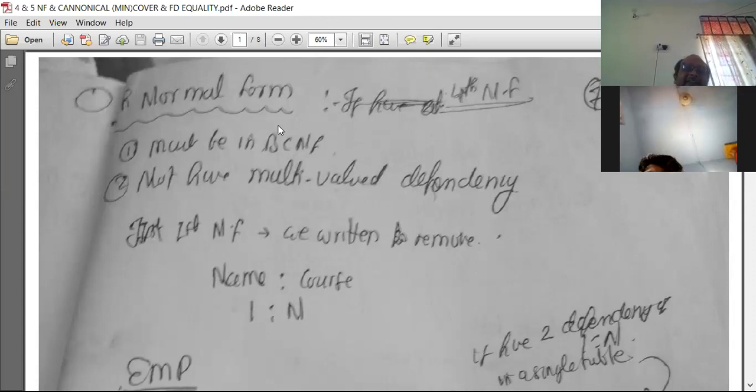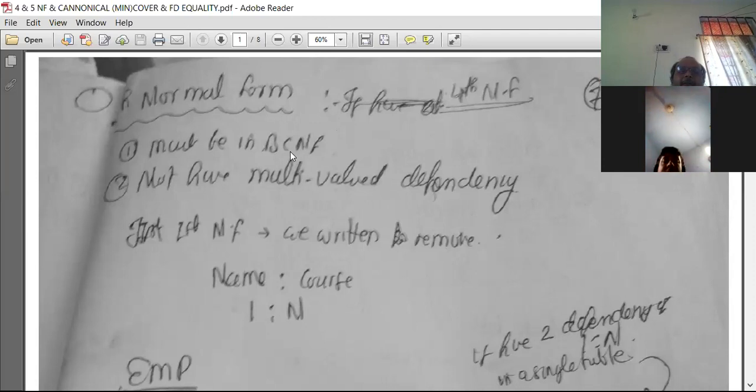See, BCNF is said to be 0% redundant because all the single value dependencies are removed after we normalize and bring the table into BCNF.